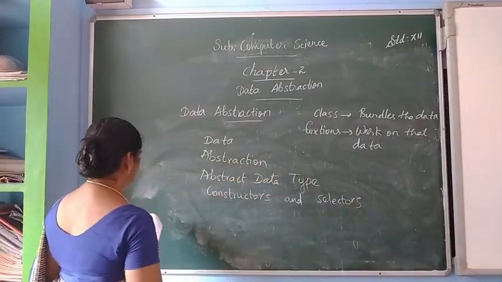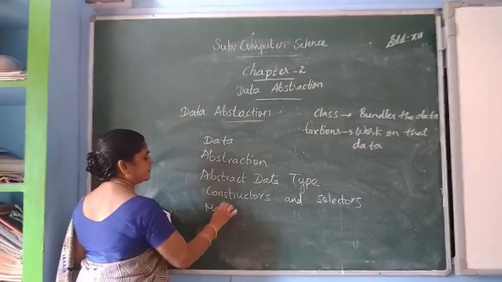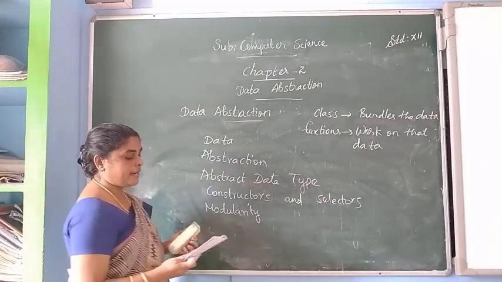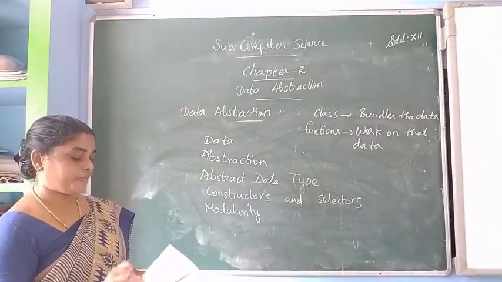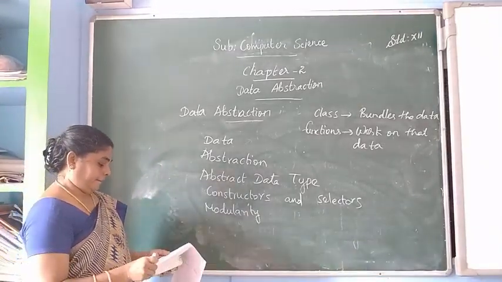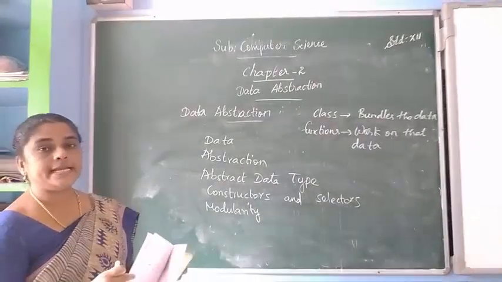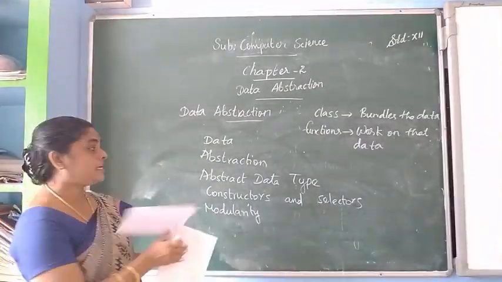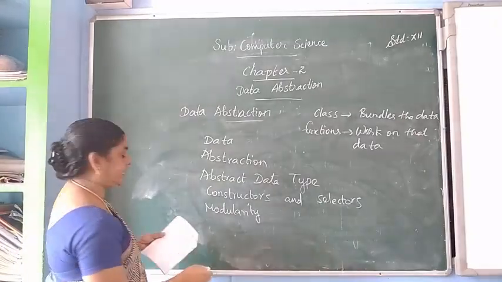The next, modularity. The next, representation of abstract data type using rational numbers. Okay, rational numbers, that is concrete data type.